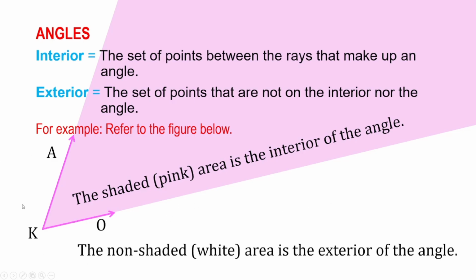So the white part here of the plane of the slide is what we refer to as the exterior. So again, if you remember the plane separation postulate, there are three sets here: the interior set, the exterior, and do not forget the third set. The angle itself contains points as well, and that's the third set.